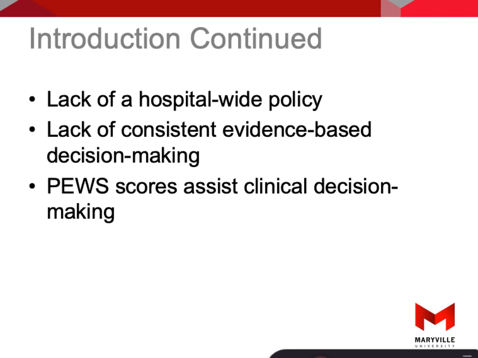The pediatric hospital is the largest freestanding children's hospital in the region, and the unit that this project took place on is a 39-bed unit designated for infants afflicted with respiratory illnesses. A lack of consistent evidence-based decision-making was observed when managing infants admitted with bronchiolitis.